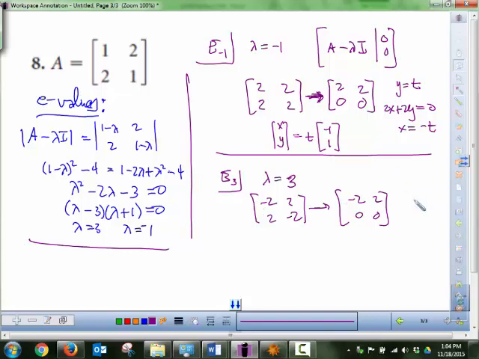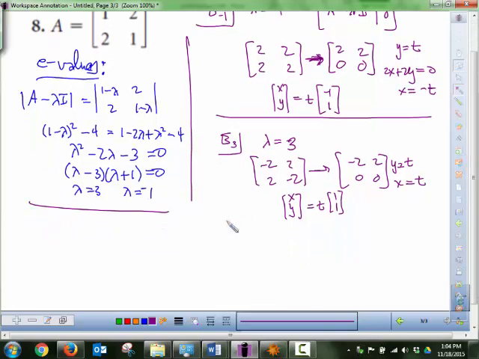And then your free variable again is y, and your x is going to be, this time, positive t, I think, right? So we have x, y is equal to t times 1, 1.